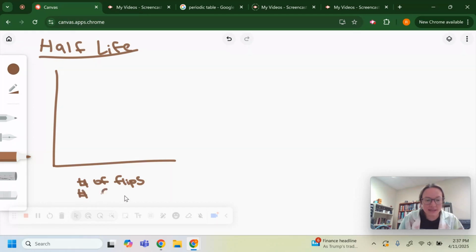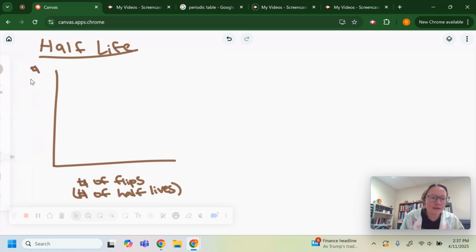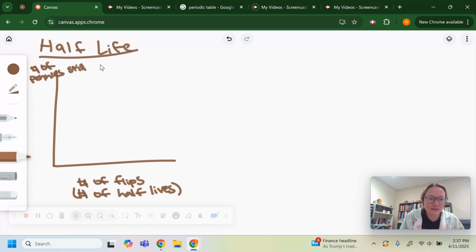So we can write this as number of half-lives. So in our analogy here, flips are going to represent half-lives. And then on our y-axis, let's put the number of pennies that are still tails.